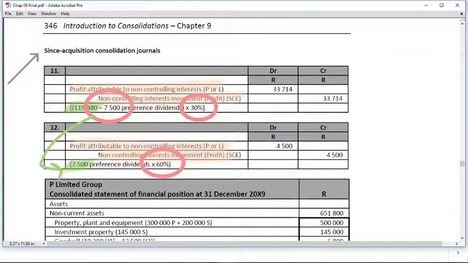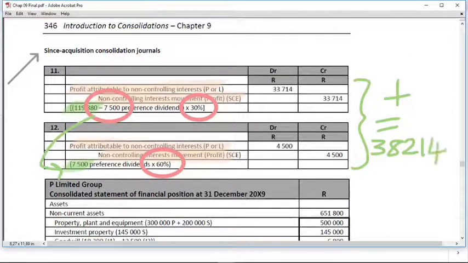Profit attributable to NCI in the consolidated SPLOCI will now be the total of these two amounts added together, giving you an amount of 38,214 Rand, and you can have a look in your consolidated SPLOCI. You'll find this amount there.